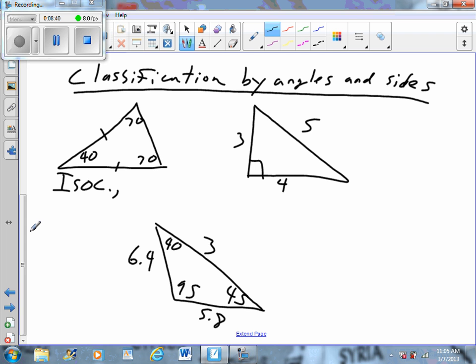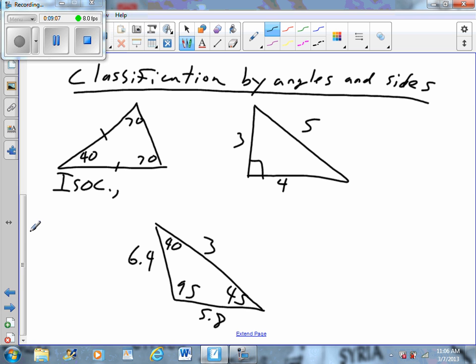So your types of triangles by angle measures can be categorized as acute, right, obtuse, or equiangular. You've got four ways to classify by angle measures, three ways by side, okay? You've got equilateral for sides, isosceles, and scalene. Equilateral means all sides congruent, isosceles means at least two sides, and scalene means no two sides congruent.